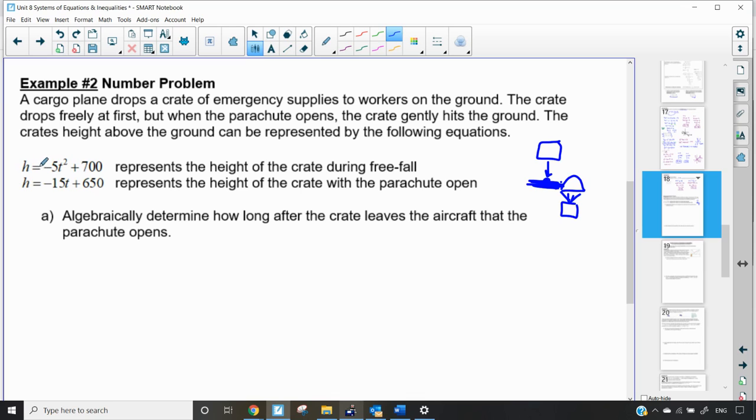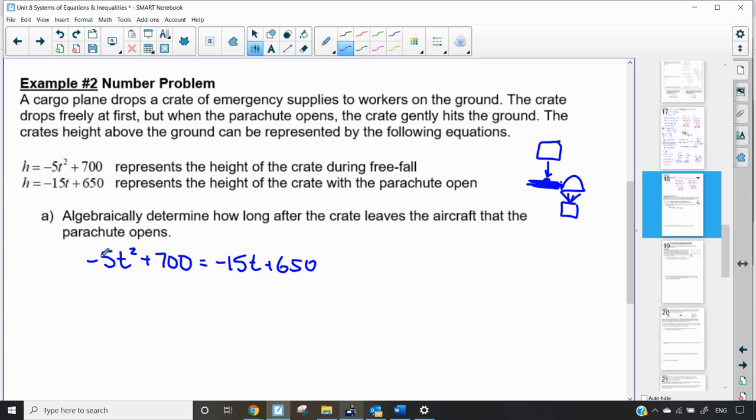We know that h equals negative 5t squared plus 700. We also know that h equals negative 15t plus 650. Since they both equal h, we can set them equal to each other. So that gives me negative 5t squared plus 700 is equal to negative 15t plus 650. We're going to start by rearranging our equation.